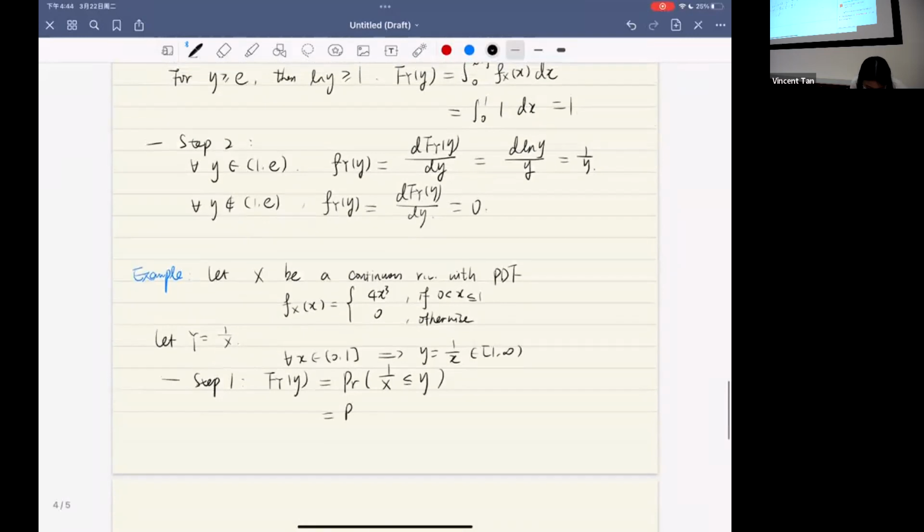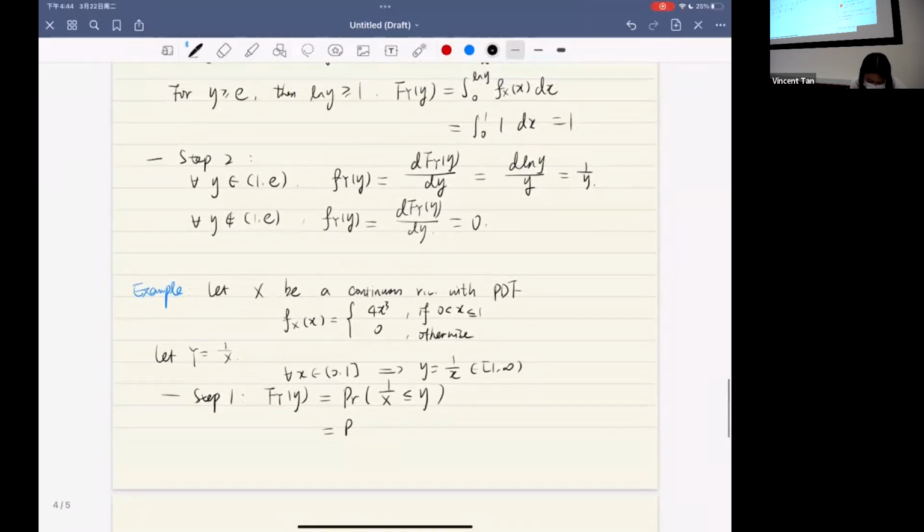Where's the inferred? Oh, sorry. Yeah, this is, sorry, I don't know. This symbol stands for all.